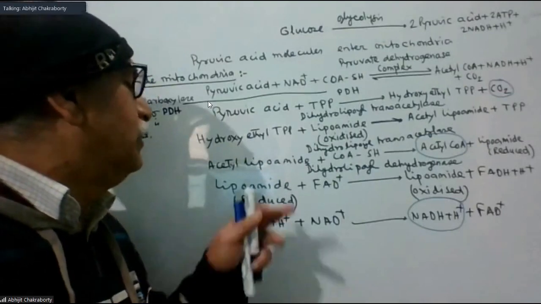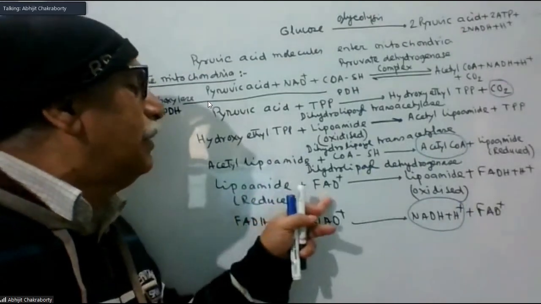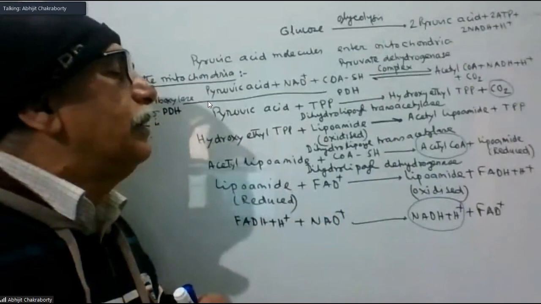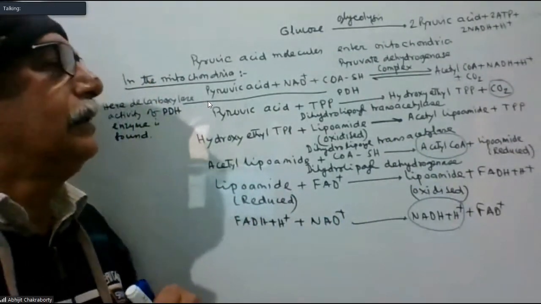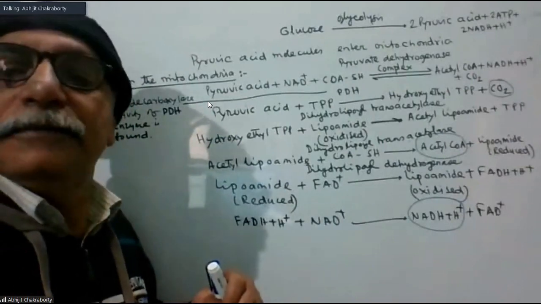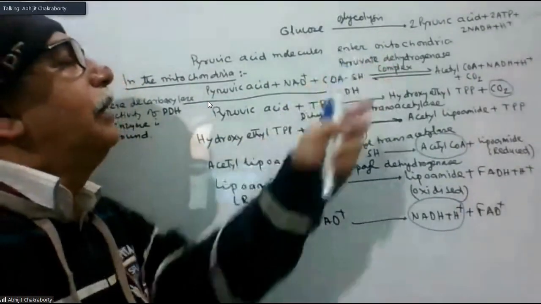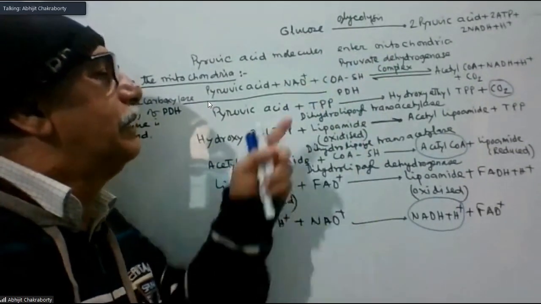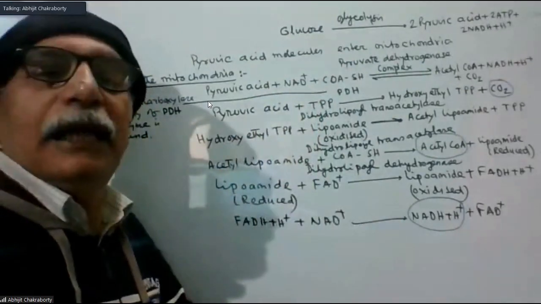When reduced lipoamide is converted to oxidized, hydrogen is removed to FAD, so it is dihydrolipoyl dehydrogenase. That's why the term pyruvate dehydrogenase complex is used. Clear?